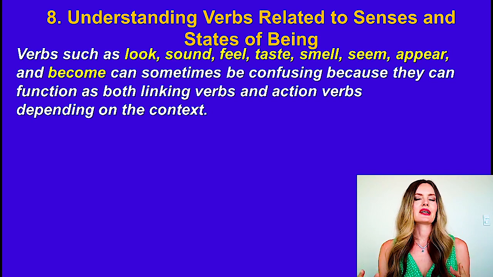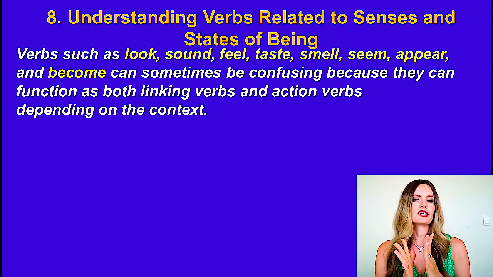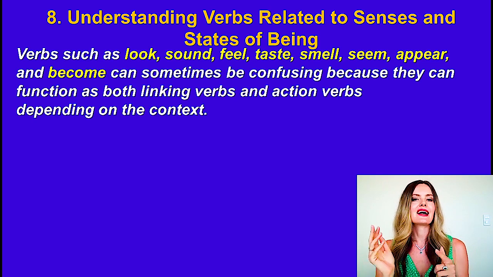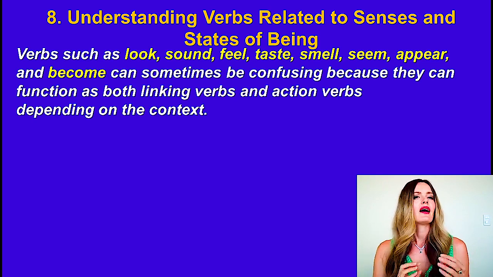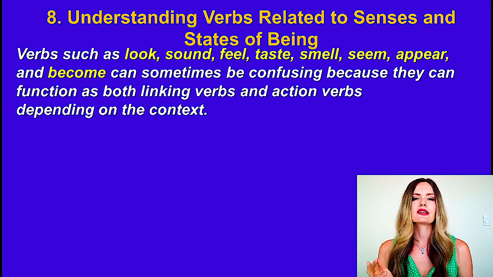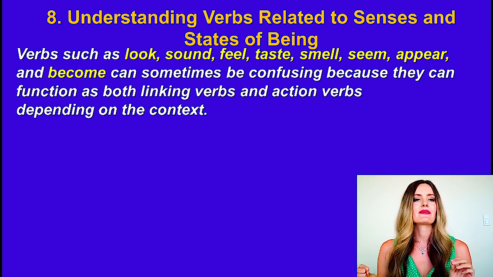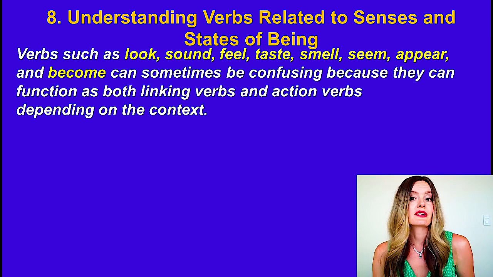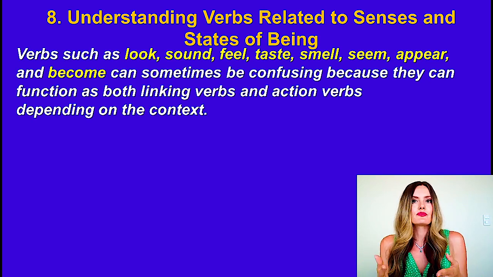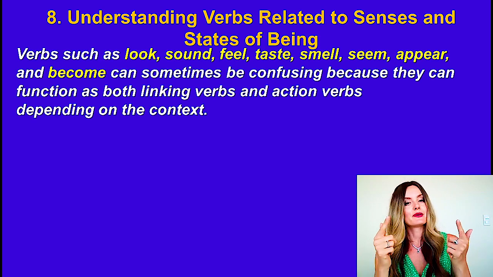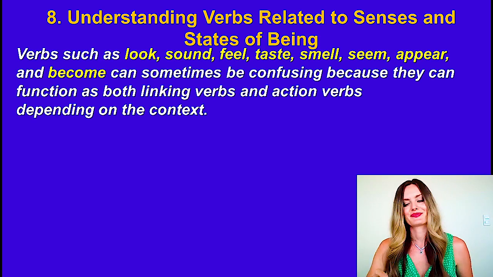Now, another important point is to understand verbs related to senses and states of being. Verbs such as look, sound, feel, taste, smell, seem, appear, and become can sometimes be confusing because they can function as both linking verbs and action verbs, depending on the context.